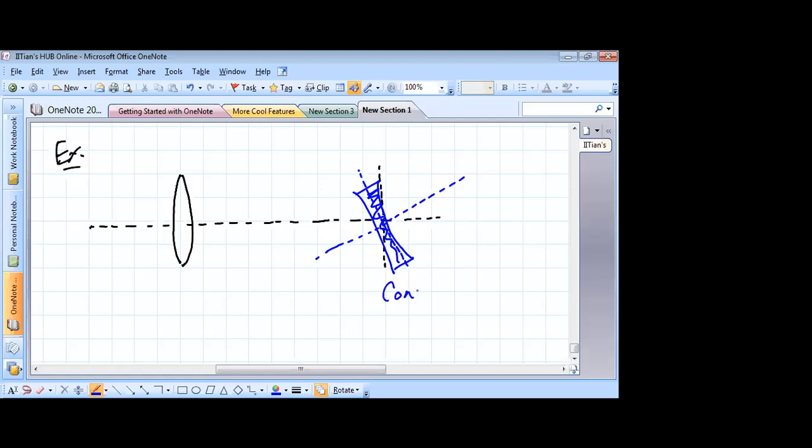So this is a thin concave lens of focal length f, and this is like this.